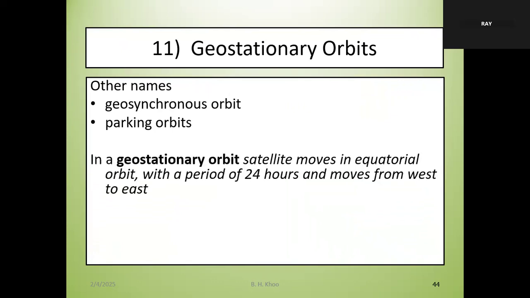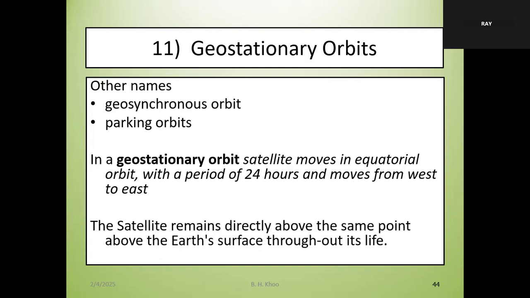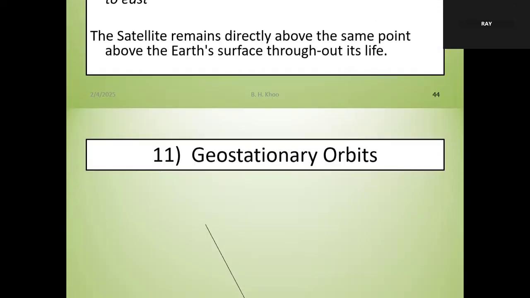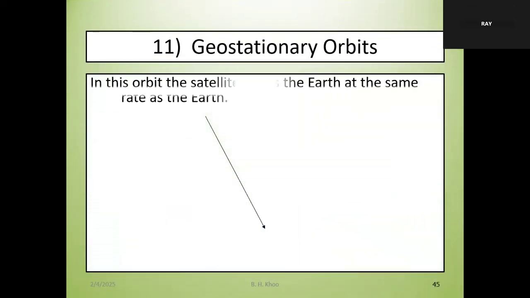In geostationary orbit, the satellite moves in an equatorial orbit. The orbit must be at the equator with a period of 24 hours, same as the rotation of the Earth, and move from west to east. Three conditions. The satellite remains directly above the same point above the Earth's surface throughout its life. In this orbit, the satellite orbits the Earth at the same rate as the Earth.